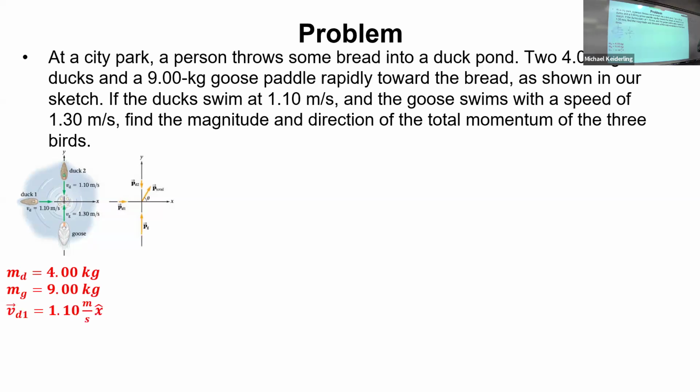The velocity of duck 1 is 1.1 meters per second in the positive x direction. The velocity of duck 2 is minus 1.1 meters per second in the y direction. The velocity of the goose is 1.30 meters per second in the y direction.